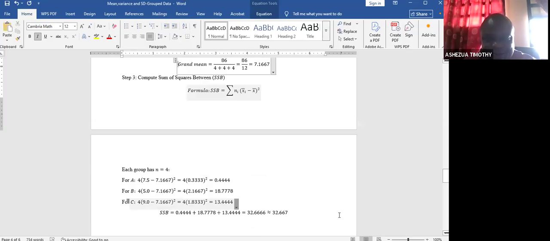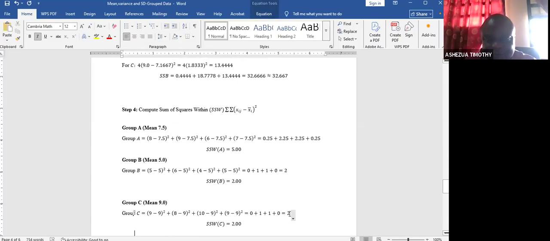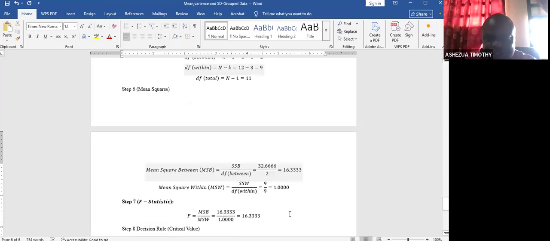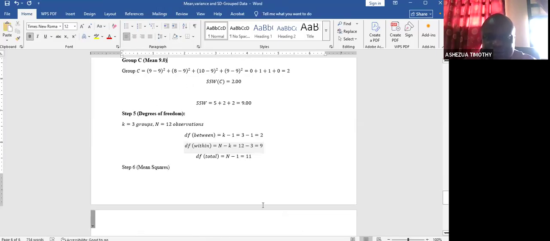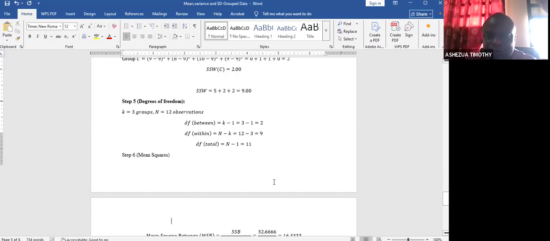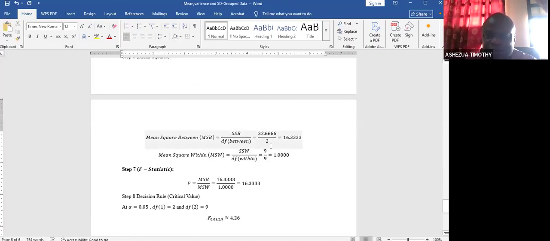This is our SSB, 32.667. Just a while ago, I told you that the degree of freedom between is 2. So this 32.667 all over 2 is 16.3333.